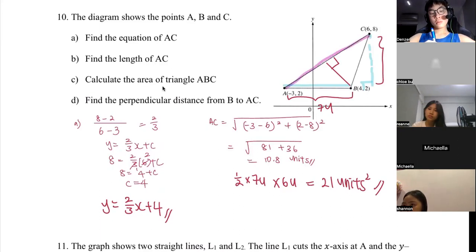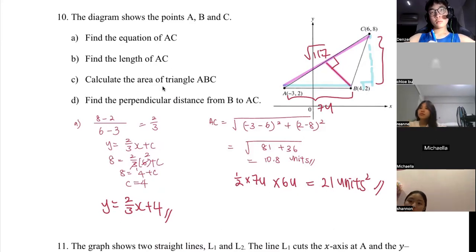So this is my base. This is my height. So AC length, do we have or not? Yes, just now we found. Best if you take the exact units. This is square root 117. That's the exact, that is the best one. If you want to take your decimal, you cannot take 10.8. You may have conversion errors.